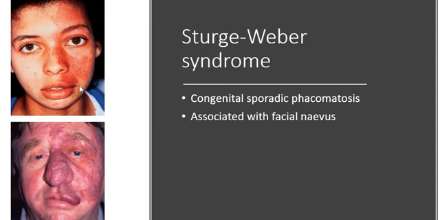You can see this lady here has got the port wine stain over the left side of her face. So it's these branches of the trigeminal nerve that have been affected in her. And then this fellow here has got the same thing. It's on the left hand side. So usually they are a unilateral lesion, and they are associated with these choroidal tumours as well.